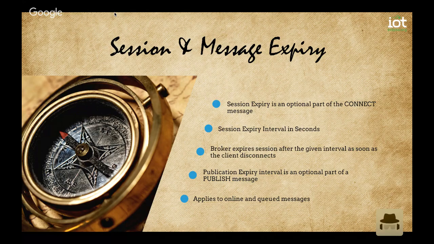And it's not just on a session level, the expiry. This is one part. With persistent sessions, I already said that when a client is offline and subscribed to some messages, the broker can queue the messages the client did not get.